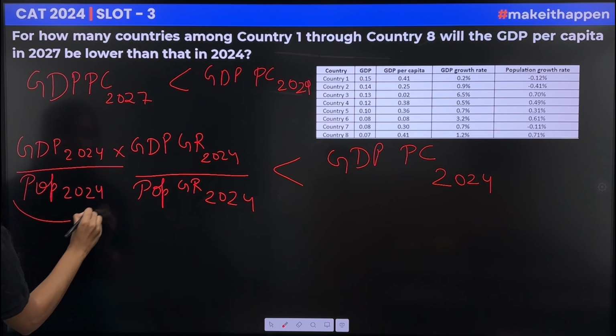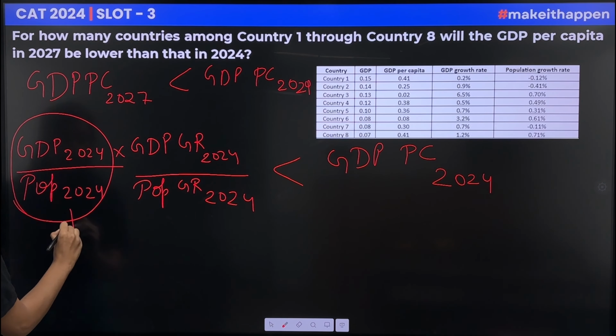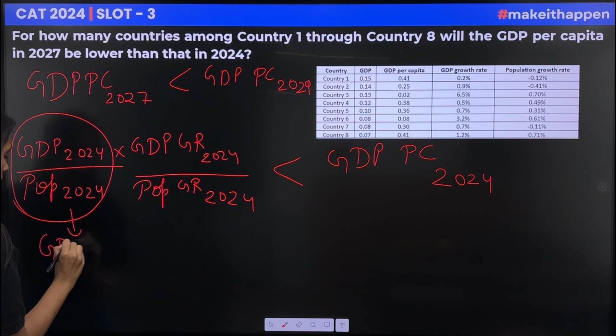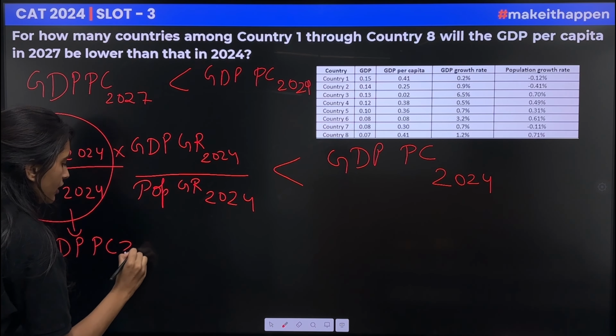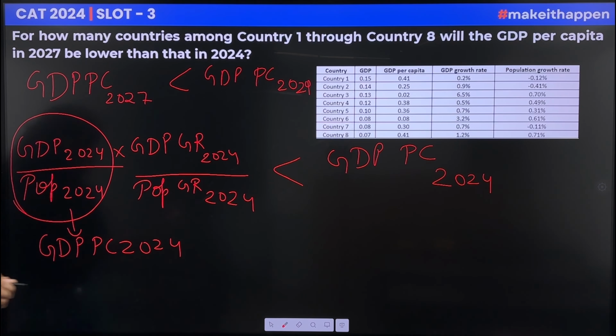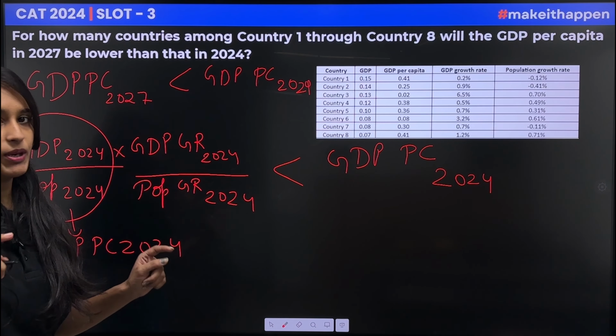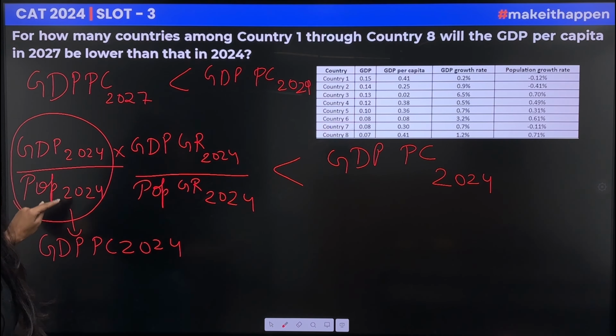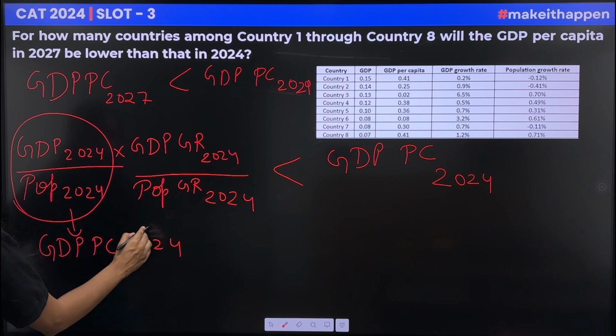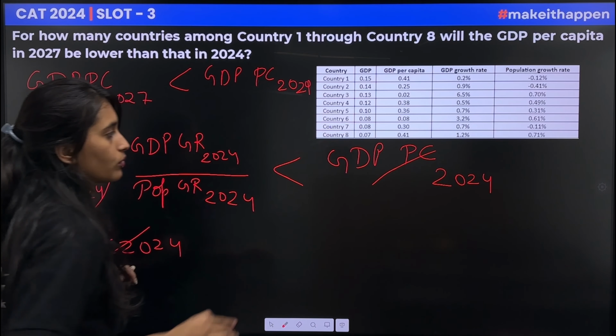Now, this ultimately comes out to be the GDP per capita of 2024. As we have seen that GDP per capita is equal to GDP upon the population, this will get cancelled out with this one.